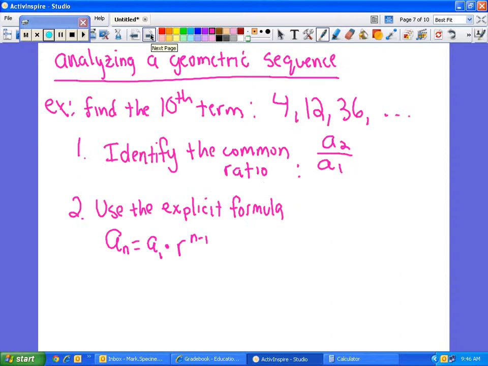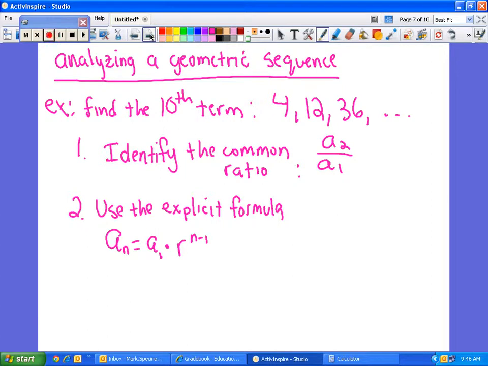All right, so you can see it's a two-step process, just like in an arithmetic sequence. So here we want to find the 10th term of this geometric sequence. Again, we don't have to first identify whether it's a sequence. We are told that. So we can go straight into finding the ratio. So to find the ratio, again, you can take any two consecutive terms.